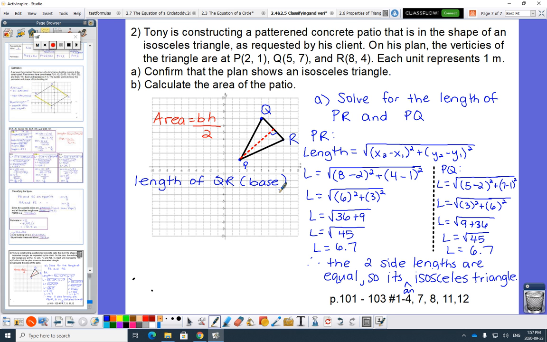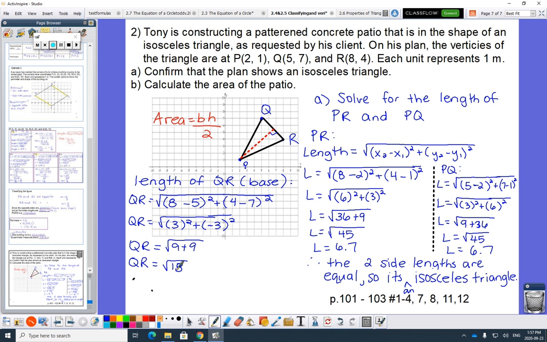So we need the length of the base. The base should be the smallest, right? So make sure it's the smallest length.